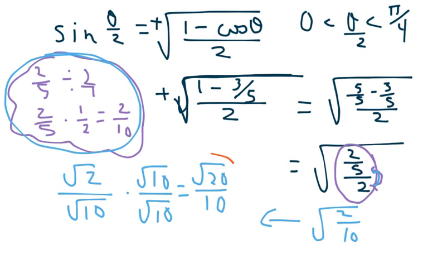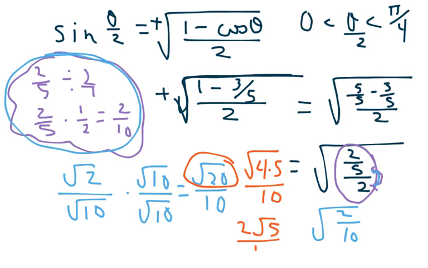At this stage, we can reduce this as the square root of 4 times 5/10, which is 2√5/10, and I can reduce this as root 5/5, because 2 goes into 10 5 times, and that is basically your answer.